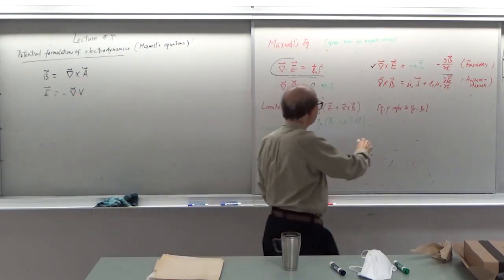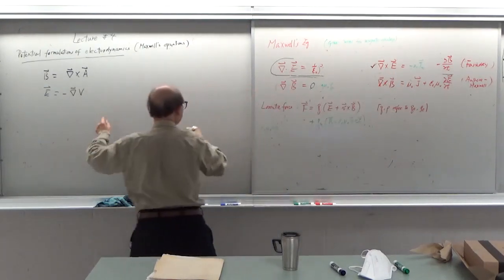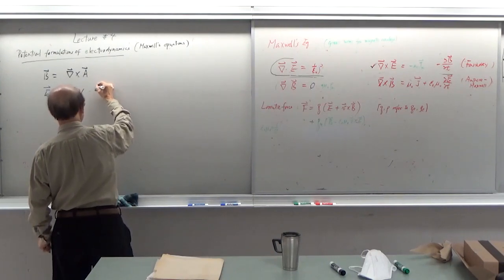So that means that E has to be supplemented by another term, minus del A by del t.